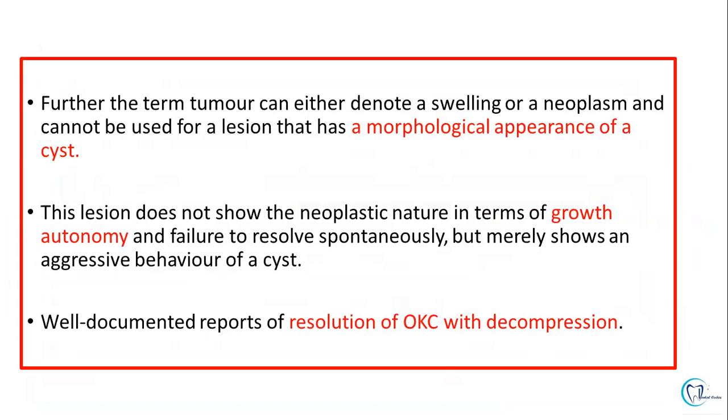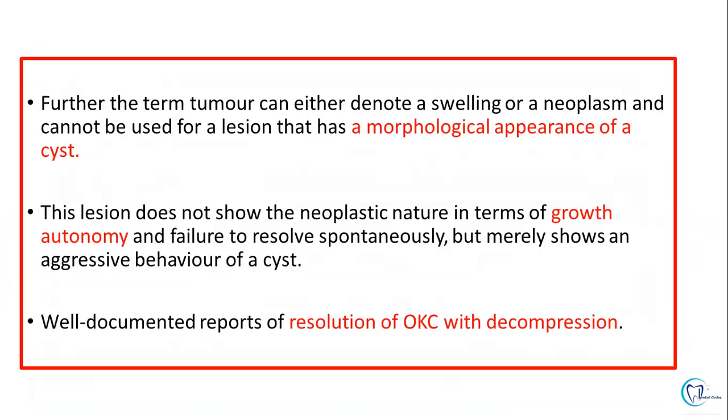a misconception that a tumor can denote either a swelling or a neoplasm. A tumor or a neoplasm cannot give a morphological appearance of a cyst. Also, if a tumor is neoplastic or if a cyst is neoplastic, it should attain the property of growth autonomy because the neoplastic cells attain the property of autonomy and they fail to resolve even after the removal of stimulus.